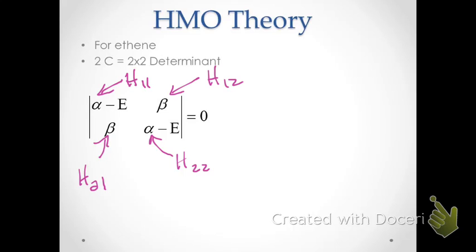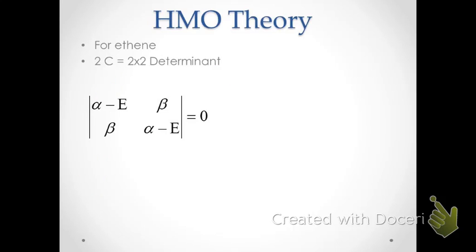Of course, for the overlap integrals, S11 is equal to 1, so alpha minus E times S11 just becomes alpha minus E. The off-diagonal S12 is equal to 0, as we noted in our approximation. So the off-diagonal term, beta minus E times S, becomes beta minus 0, which is just beta.